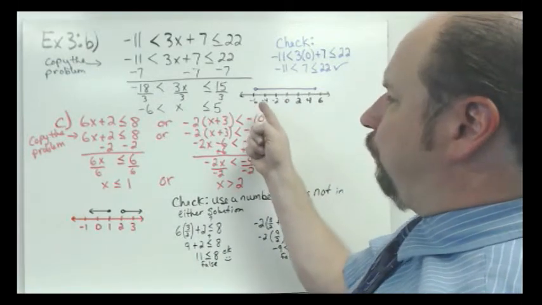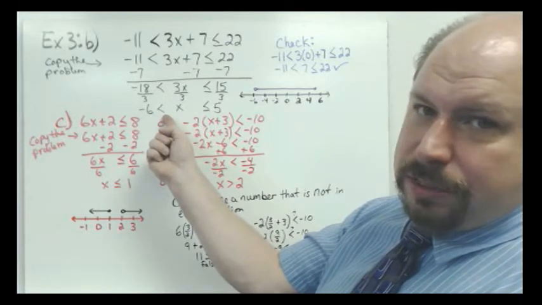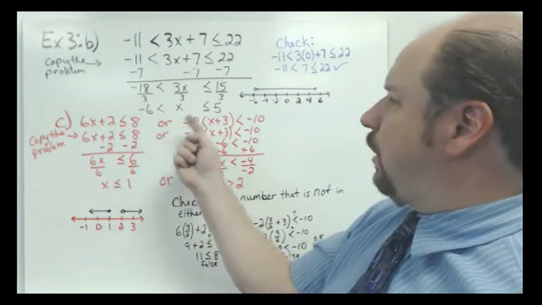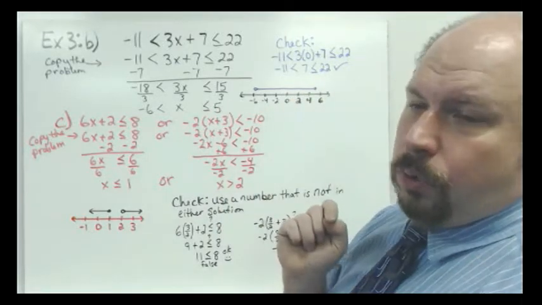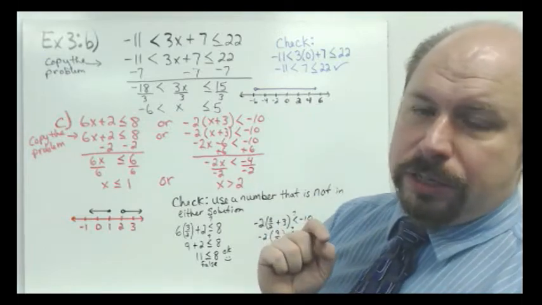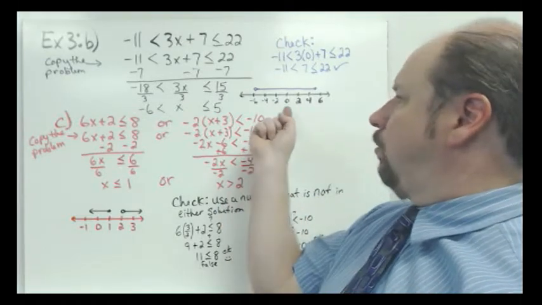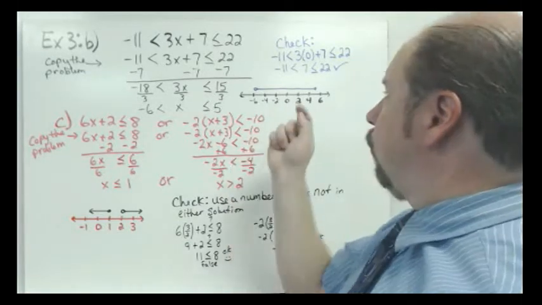And we can graph. So again, open dot over this side because it's strictly less than, but here it's less than or equal to, so we do need a closed dot over the 5 and connect them with a line. And again, since 0 is in our solution, we can go ahead and pick 0 to check.